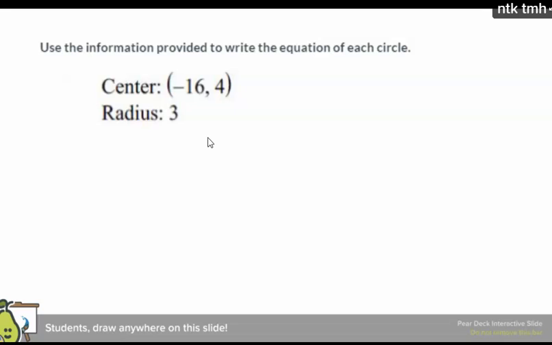All right, use the information provided to write the equation of each circle. So this is actually multiple choice in your assignment, but I'm going to have you just write it down on here so I can make sure we know what's going on. Let's see, what would be helpful?